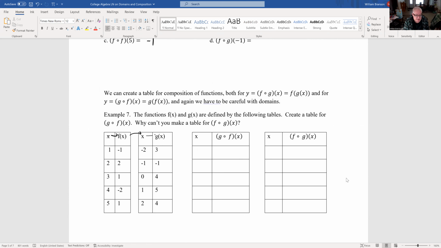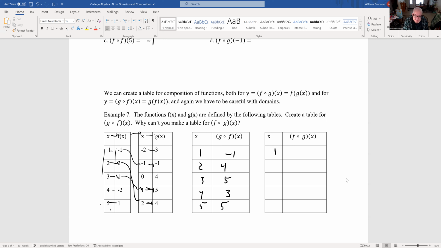So if we take our domain 1, 2, 3, 4, 5, that's the domain for f. 1 goes to minus 1, minus 1 goes to minus 1. 2 goes to 2, and g takes 2 to 4. 3 goes to 1, 1 goes to 5, 4 goes to minus 2, minus 2 goes to 3, 5 goes to 1, 1 goes to 5. So this is a table for g composed with f of x.